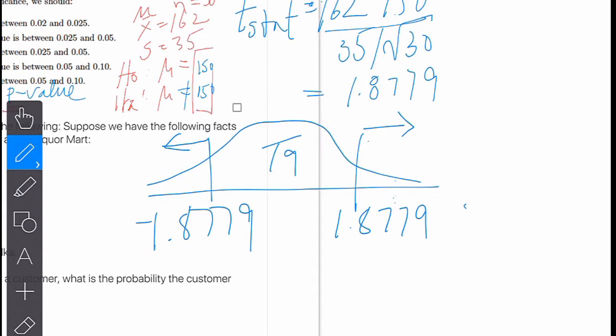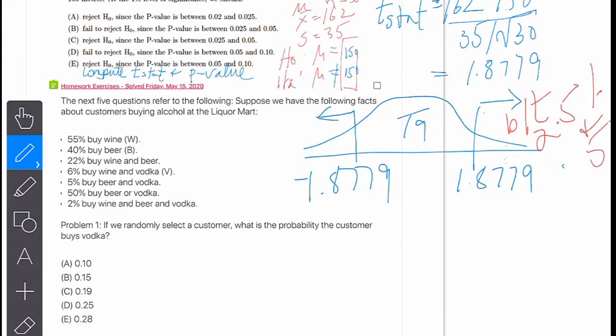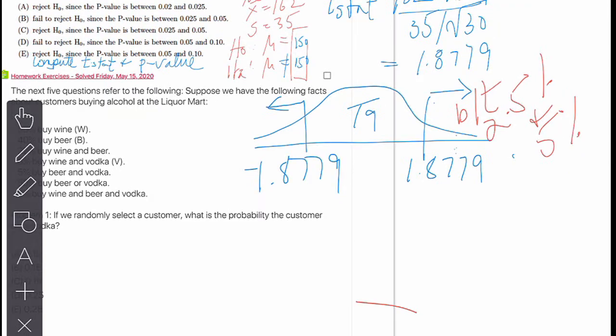It turns out that this is between 2.5% and 5%, but I have it on both sides, so that's also here.